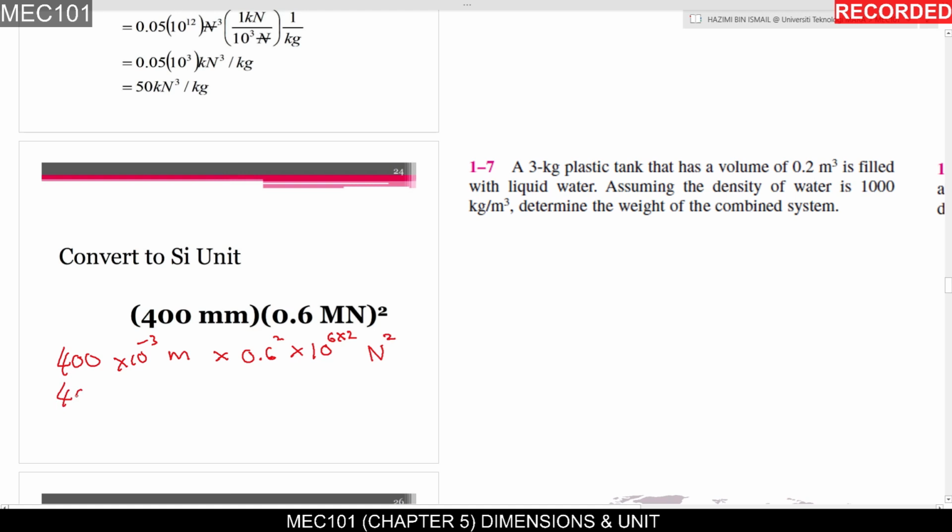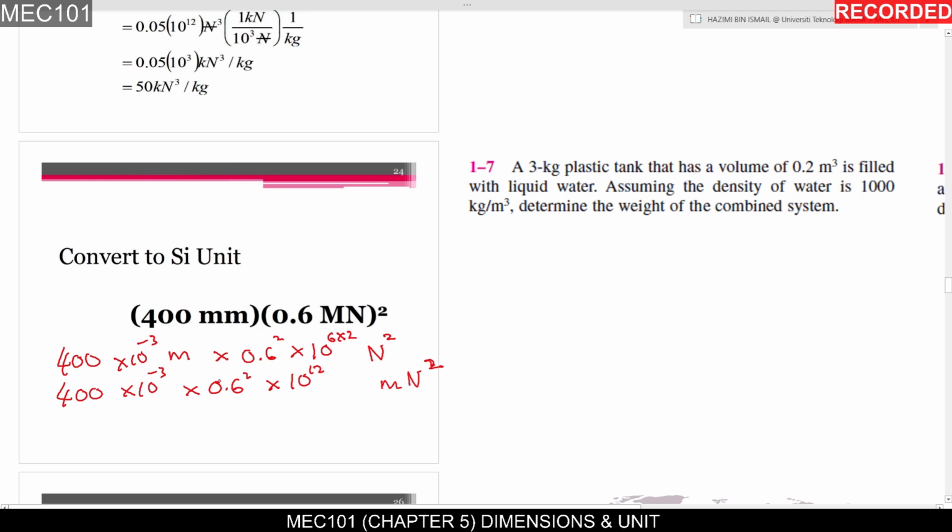Okay, 400 times 10 to the power of minus 3. Unit here I will put at the end of this line. So here, times 0.6 squared times 10 to the power of 12 meter Newton squared. The whole number here, 400, you have to multiply with 0.6 squared.